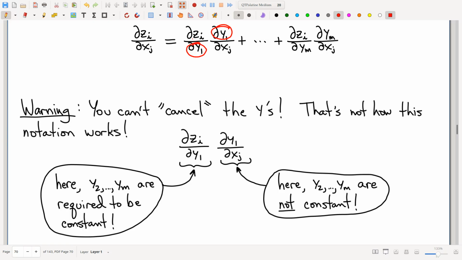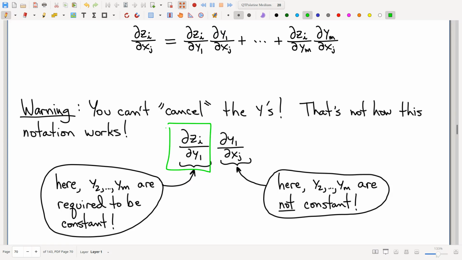I blame the notation. The notation for partial derivatives is pretty unfortunate, right? And this thing that looks like a numerator and a denominator of different fractions is not a thing by itself. Stand alone, if you just write down partial y1 and that's all you write down, I don't know what that means. For example, let's look at it in this scenario here. If I look at partial of zi with respect to y1, what's going on there?